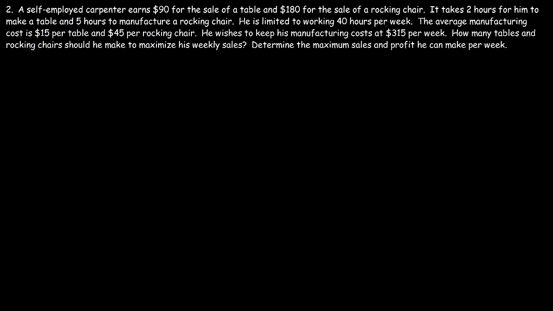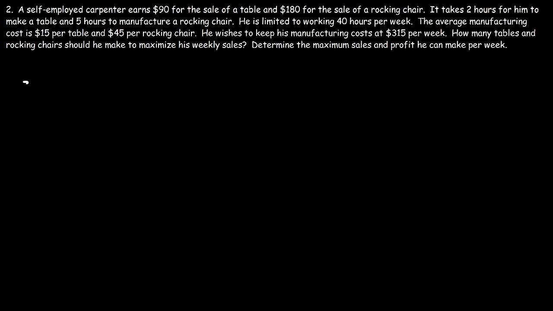He wishes to keep his manufacturing costs at $315 per week. How many tables and rocking chairs should he make to maximize his weekly sales? And also, determine the maximum sales and profit he can make per week. Feel free to give this problem a shot if you want to.